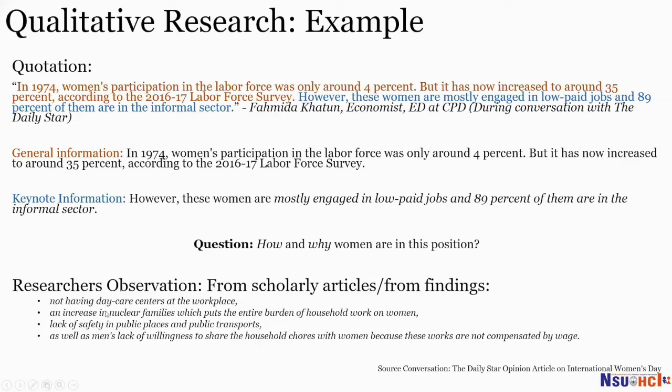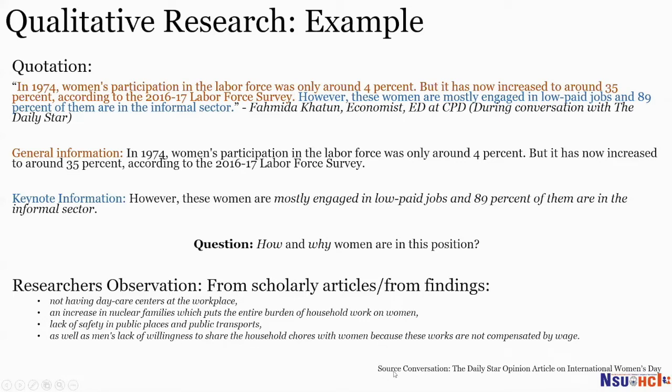These are the forms of the findings from the qualitative study, because I asked how and why women are in this position. Then I got the answer from my study: there are no daycare centers in the workplace, nuclear families, or lack of safety. So these are the findings from our qualitative study.